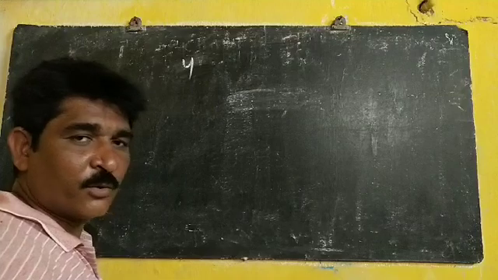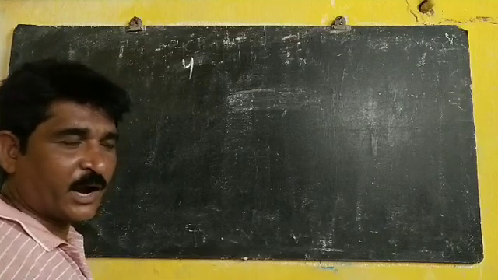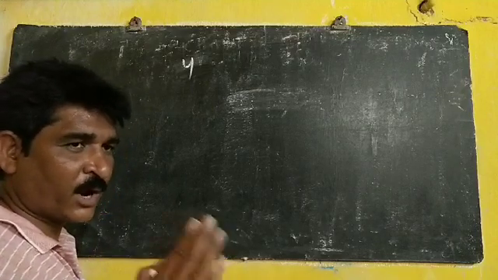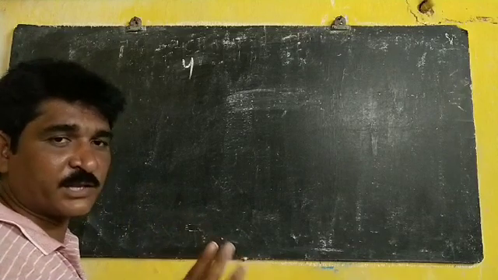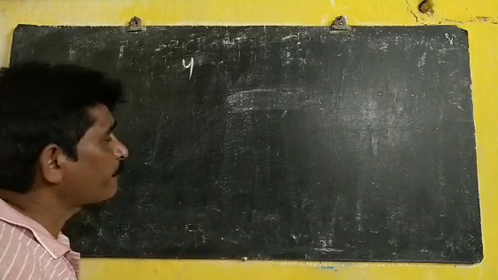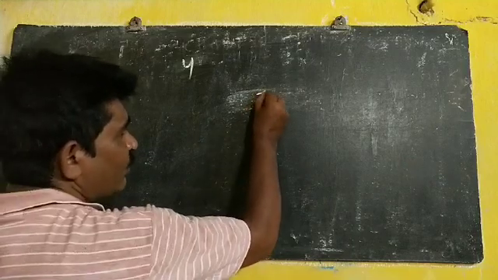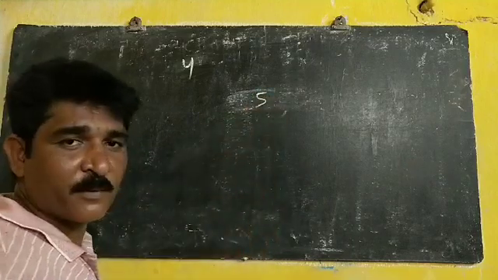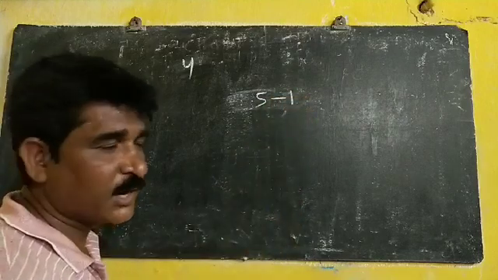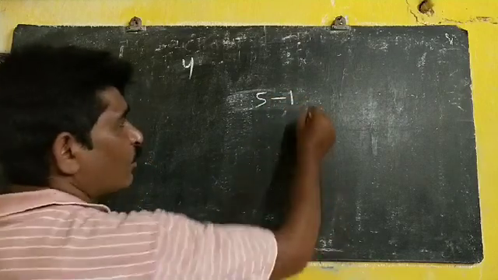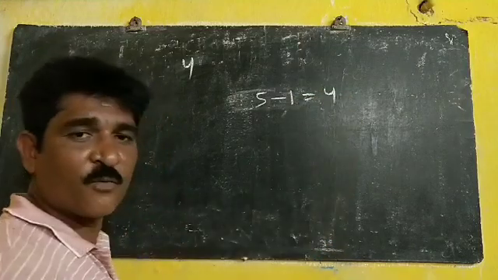Suppose somebody you have to give 4 rupees and you cannot give one note or one kind of coin more than 3. How to do it? Simply, first we will give 5 rupees and ask him to return 1 rupee. So how much are we giving? 4.